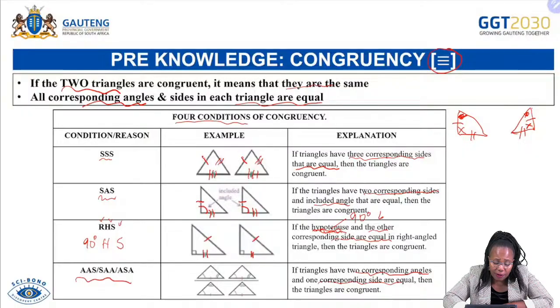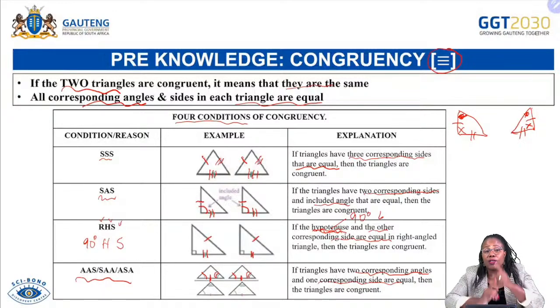That means if I have this angle equal to that one, and this angle equal to that one, and then this corresponding side. Why do we say it's corresponding? In both triangles, it is between the equal angles. Then this condition is angle, side, angle.